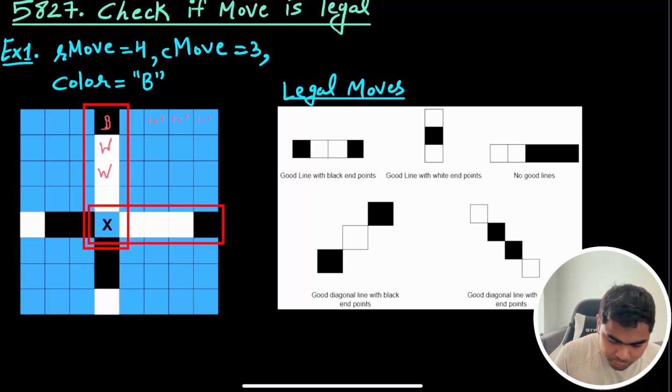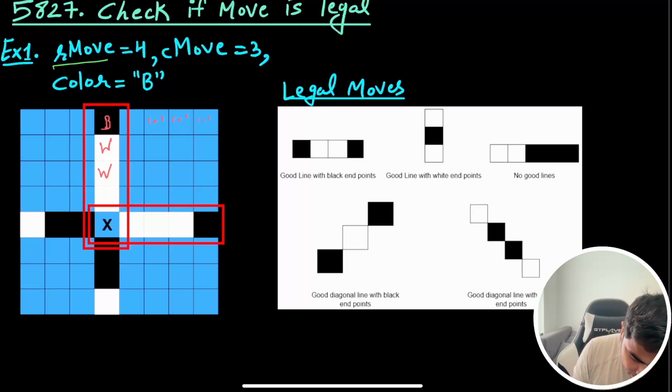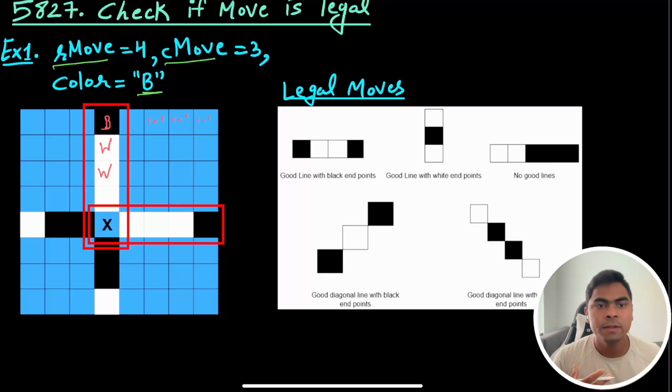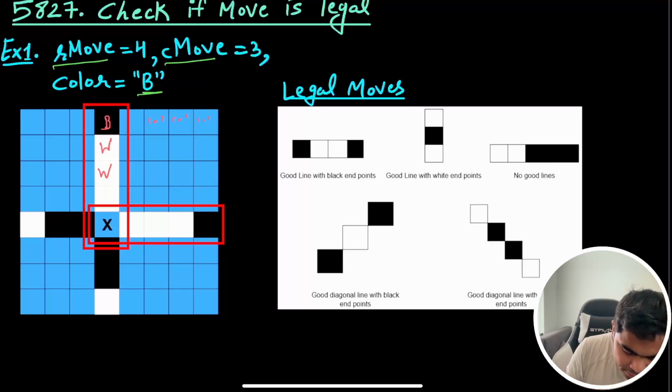Now, you are given this rMove and cMove that represent the address, the row and column, and the color B. This is the current player that will be making a move at this particular position. So X is the position.